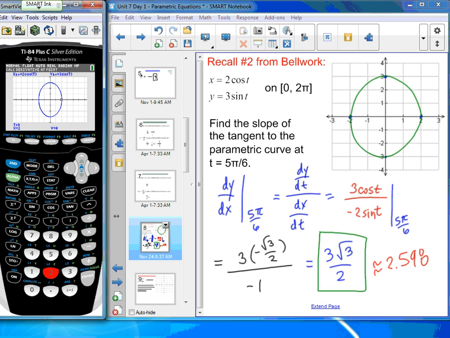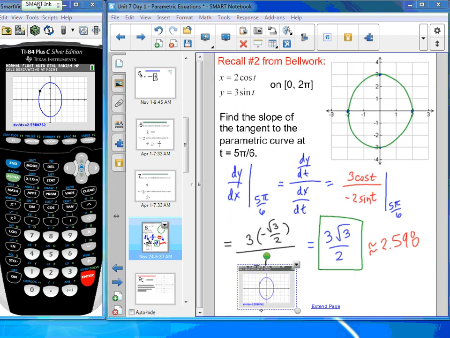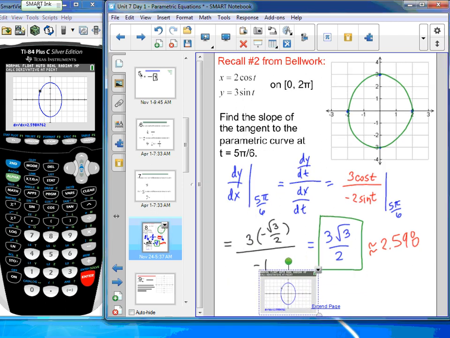What time value do I want? 5 pi over 6. Enter. Voila! The cursor jumps on my parametrically defined curve at the point when t equals 5 pi over 6, and it spits out the corresponding slope of the curve, dy dx, which we got as 2.598, correct to 3 places. So that's pretty sweet. We can verify using our graphing calculator as we did before.